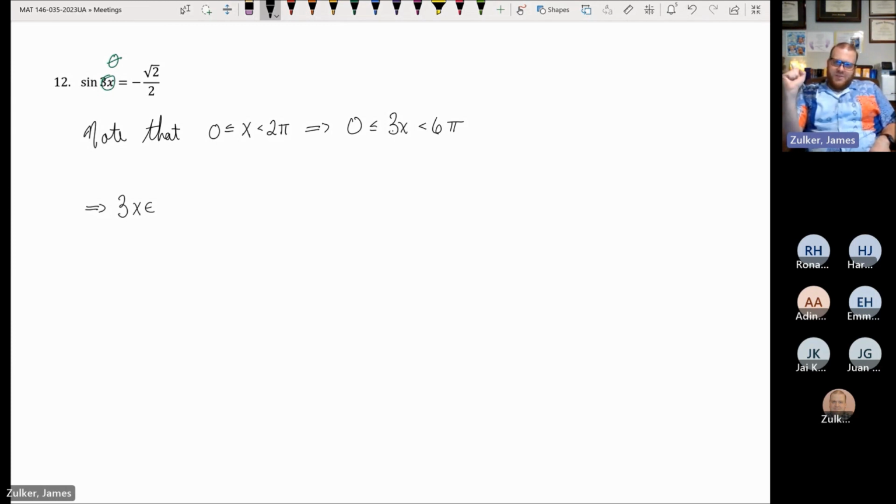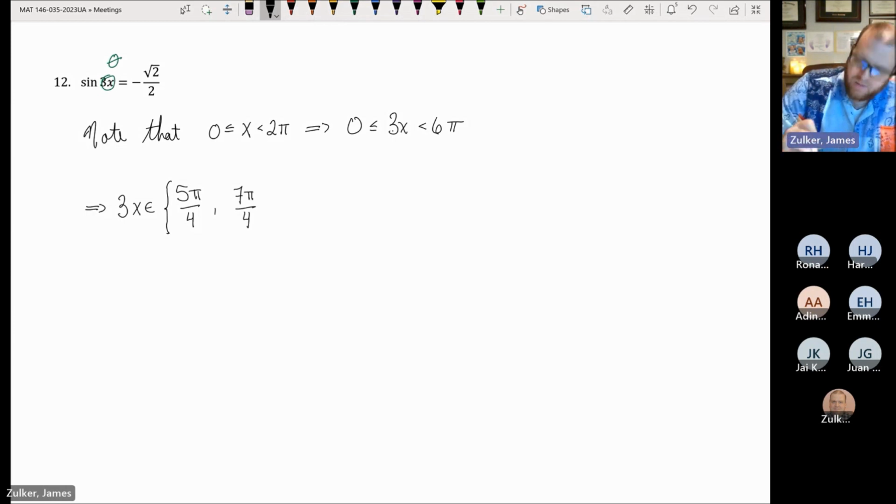What angles? So it's quadrant 3 and quadrant 4, right? So we'd have 5 pi over 4 and 7 pi over 4?